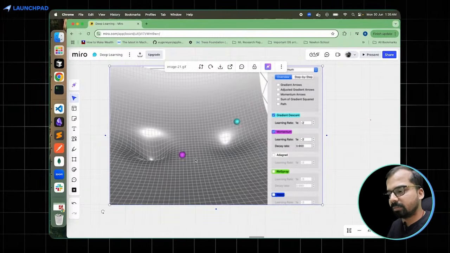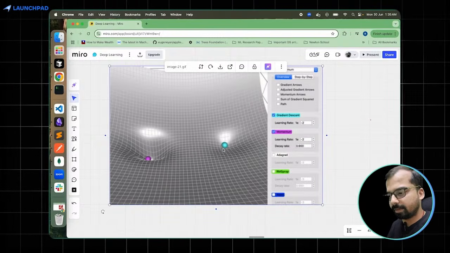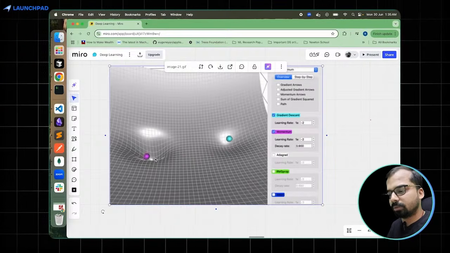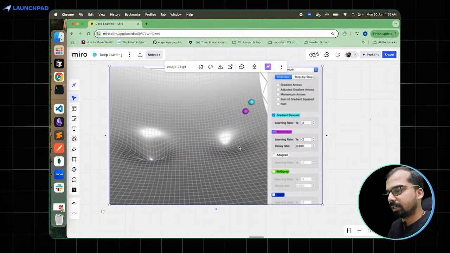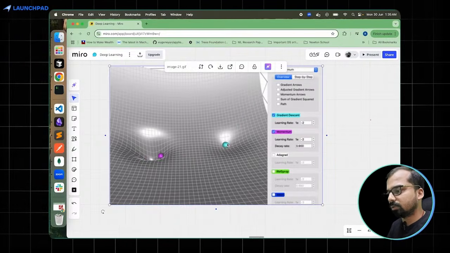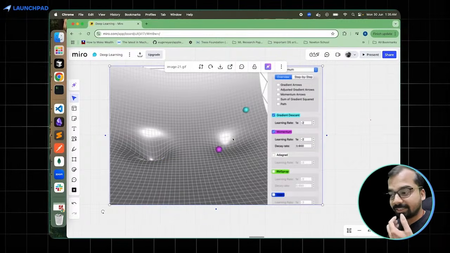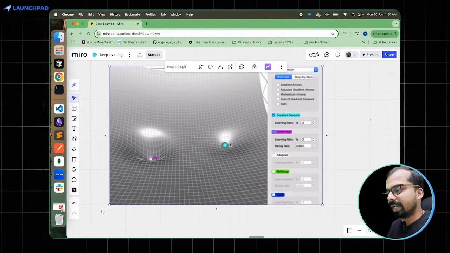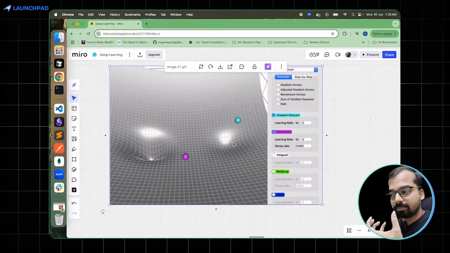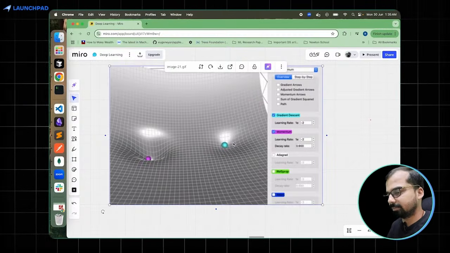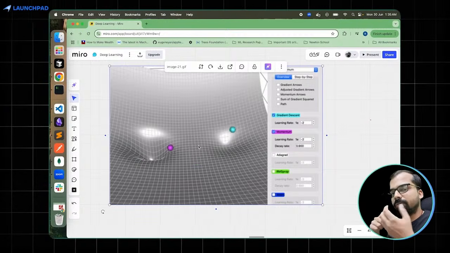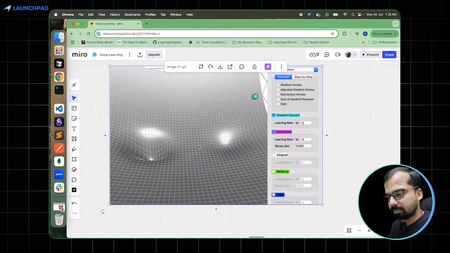This is the global minima, this is the local minima, right? The purple one reaches the global minima faster, and the blue one gets stuck in the local minima, and it also takes more steps. So it is solving those saddle point and local minima problems.